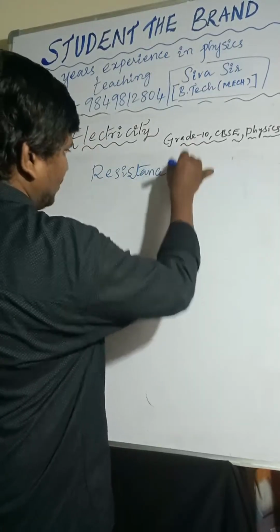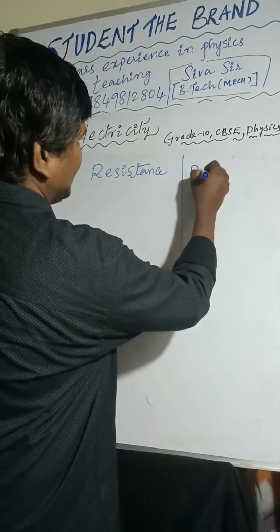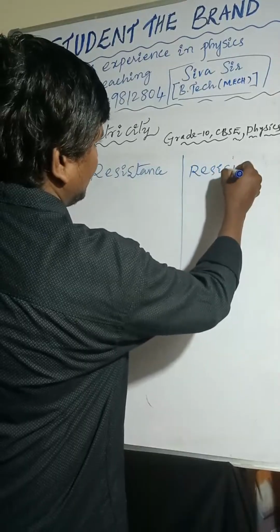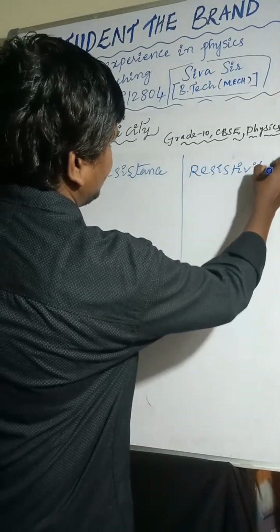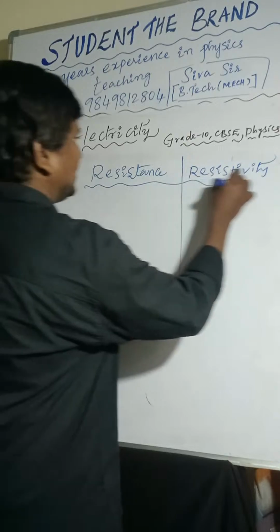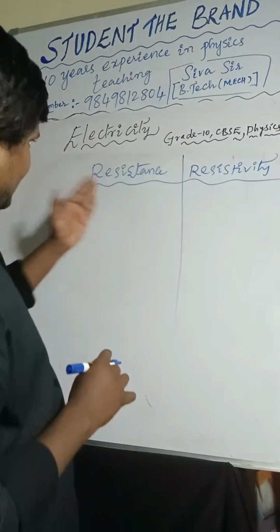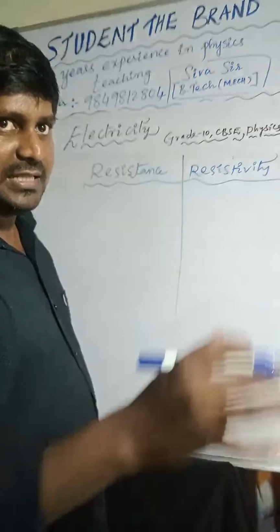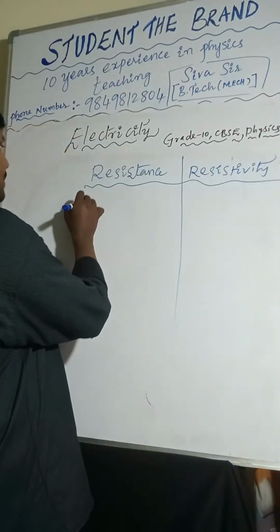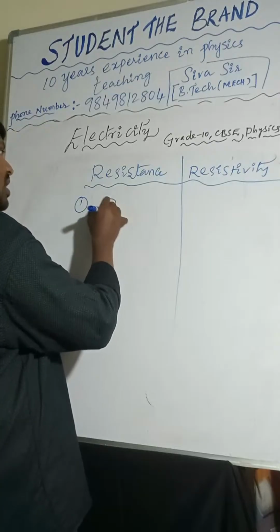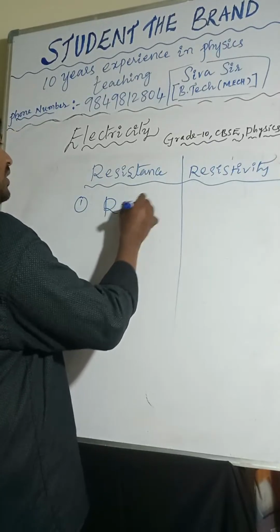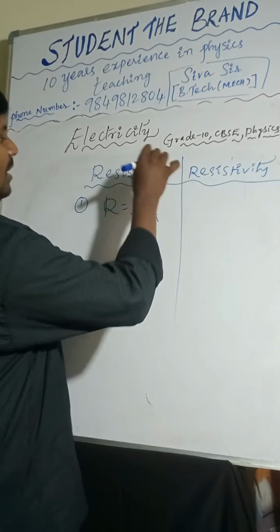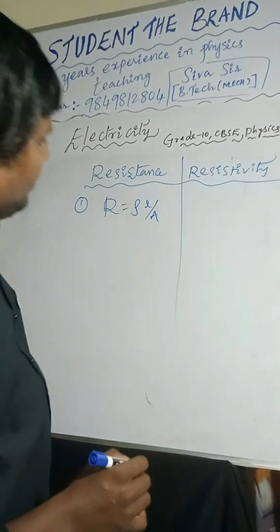I am going to talk about resistivity. Resistance is the phenomenon of opposing the electric current. R equal to rho into L by A.